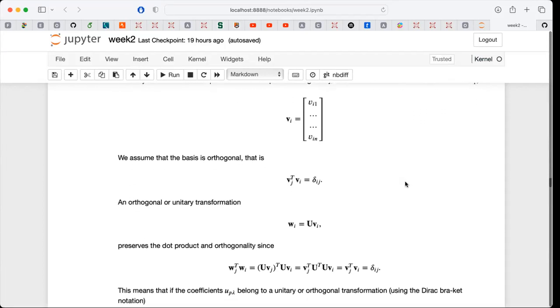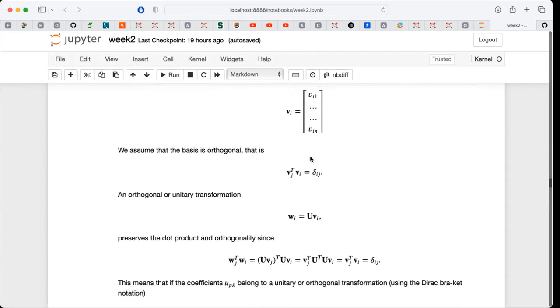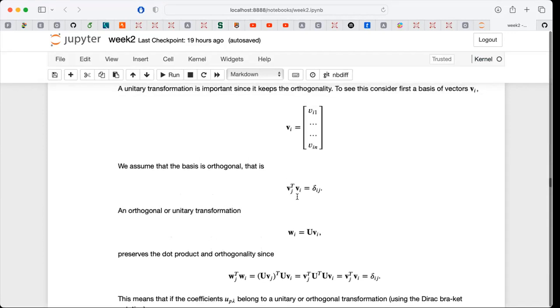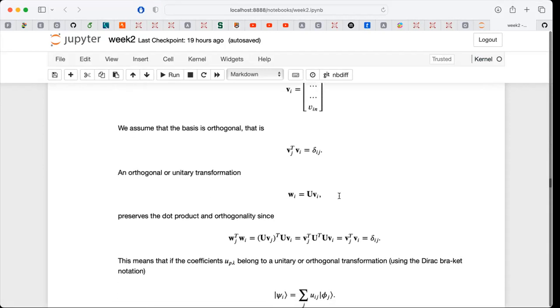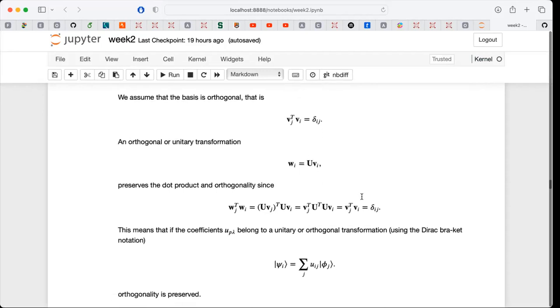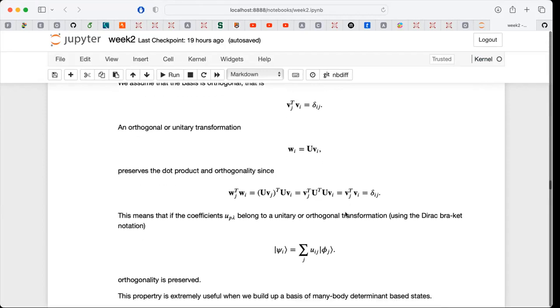And here is actually the proof of what we discussed before the break. So you can simply take now, and this is now translated in terms of vectors. We have assumed that vector Vj and vector Vi are parts of an orthogonal basis. And then we have an orthogonal or unitary transformation. And when we apply that one, we simply end up with this relation here, which tells us that length is conserved.